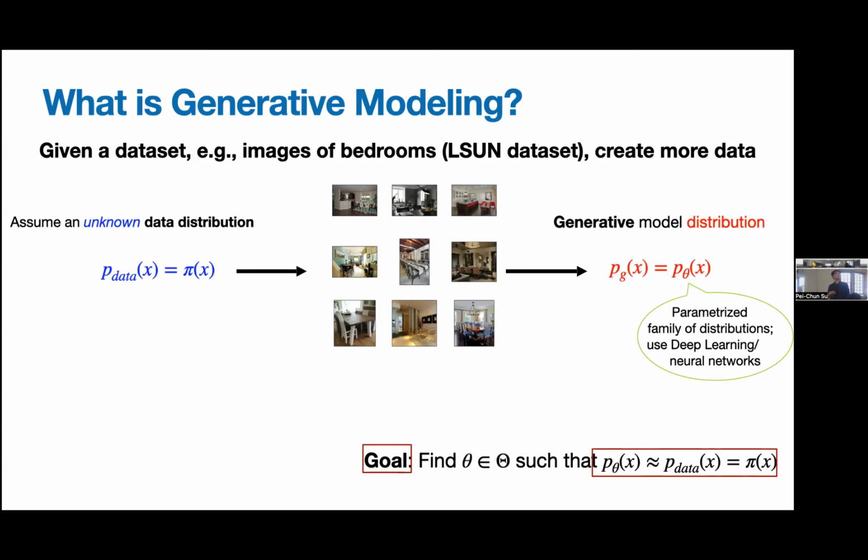In general, the goal is to find the optimal parameter theta such that the generated distribution is very close to the target data distribution.